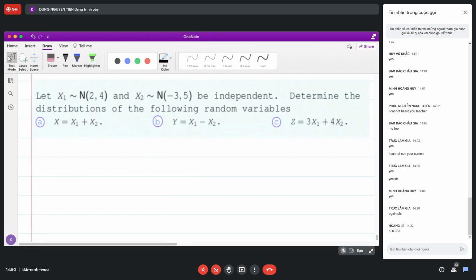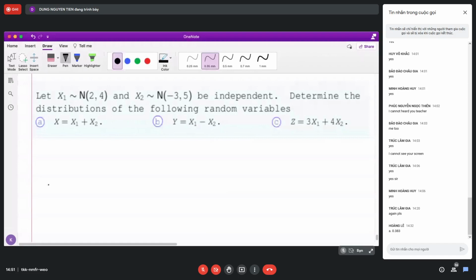Okay, so in this case, you have X1 plus X2. So you get the mean of 1. Okay. The variance of X1 plus X2 is the variance of X1 plus the variance of X2.